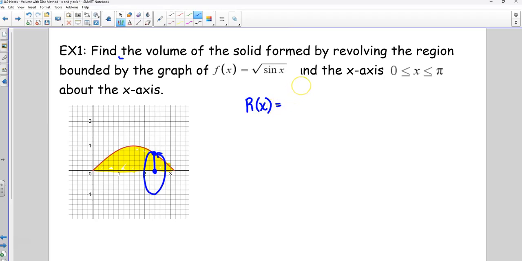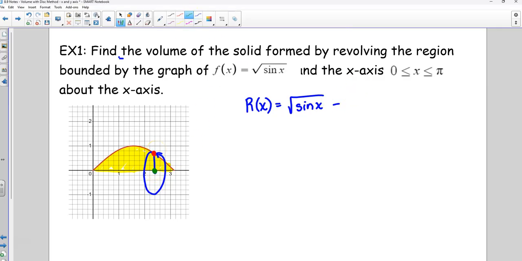So capital R of x works a lot like that S, right? You want to look at the top of that line for that little line, and you're going to use the function that lies on that line. So there, that is on the graph of square root of sine x. So we've got square root of sine x, and then we're going to subtract whatever we get at the bottom.